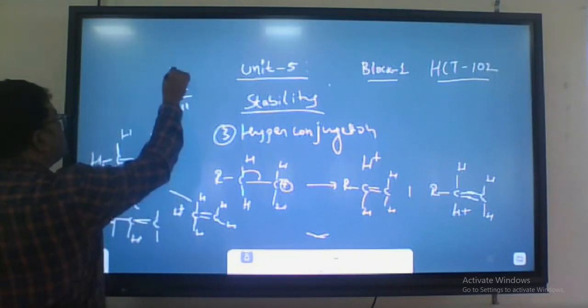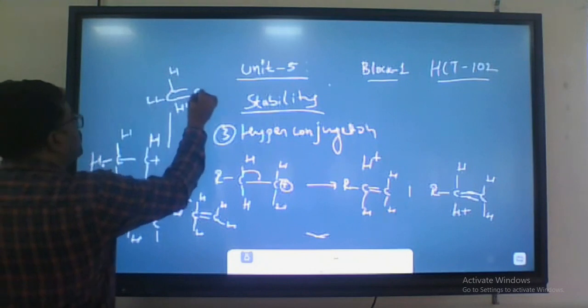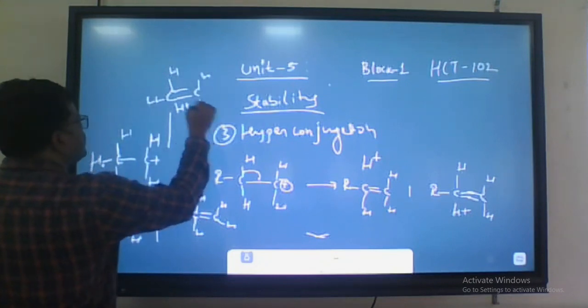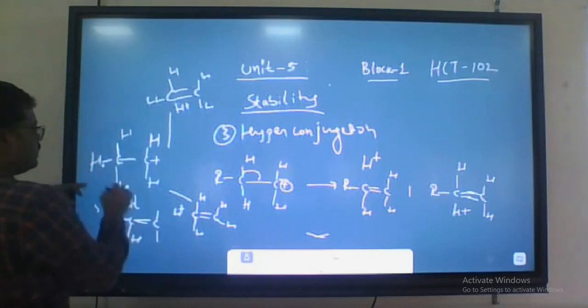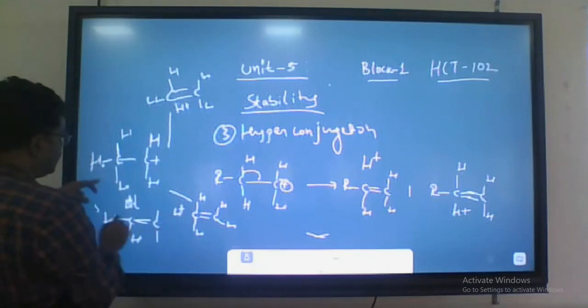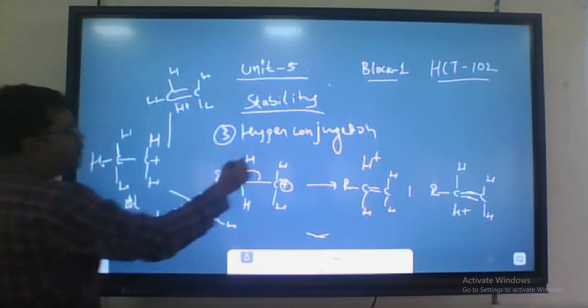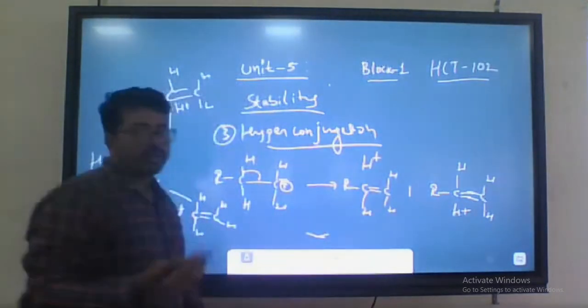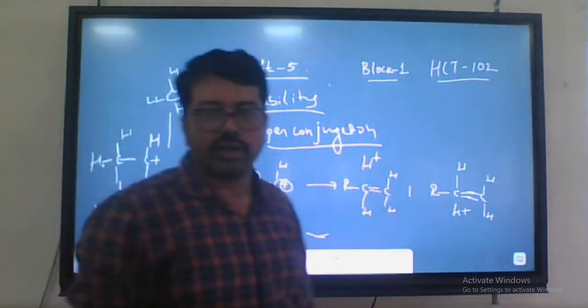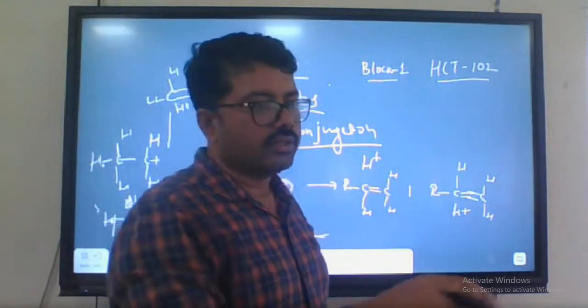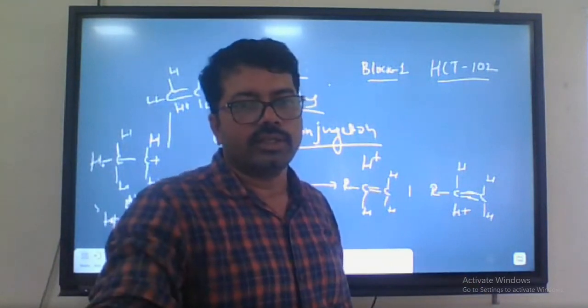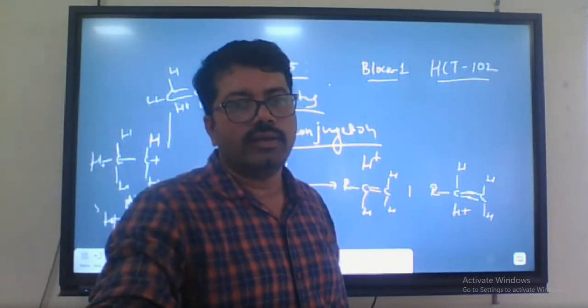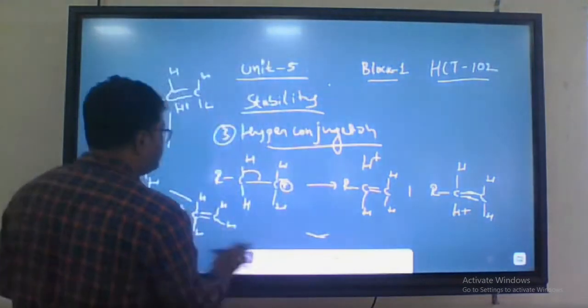This third one is also no bond resonance. This is called hyperconjugation. This effect is called hyperconjugation, and this hyperconjugation stabilizes the carbocation.